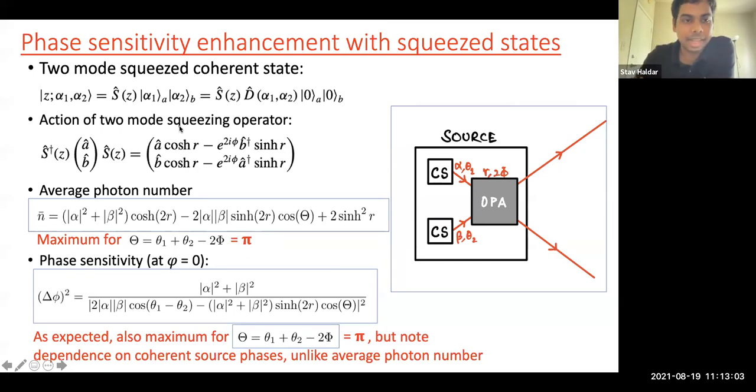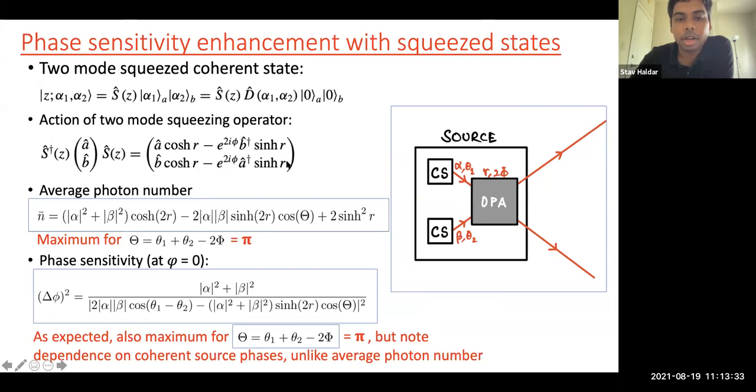So this is the basic algebra of the two mode squeezed state. You first take two coherent inputs, two coherent states with alpha and beta number of photons, and the respective phases θ1 and θ2, and you pass them through a parametric amplifier, which does the squeezing, applying this operator S of z on the input modes, and you get a linear combination of A and B out.